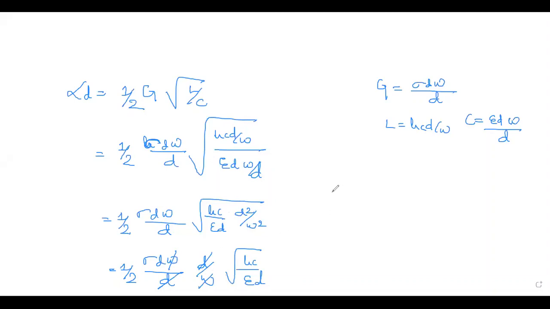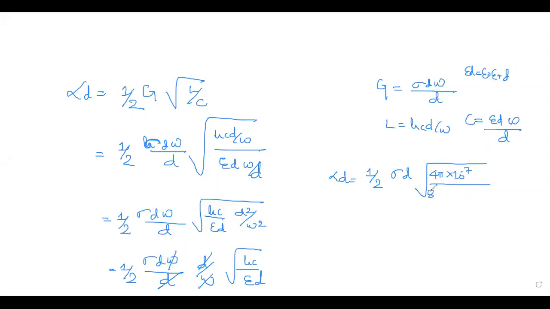So the remaining equation you have is alpha_d is equal to half into sigma_d square root of, you know this value, mu_c is nothing but equal to mu naught. That is nothing but 4 pi into 10 to the power minus 7 divided by epsilon_d, which is nothing but epsilon naught into epsilon_rd.